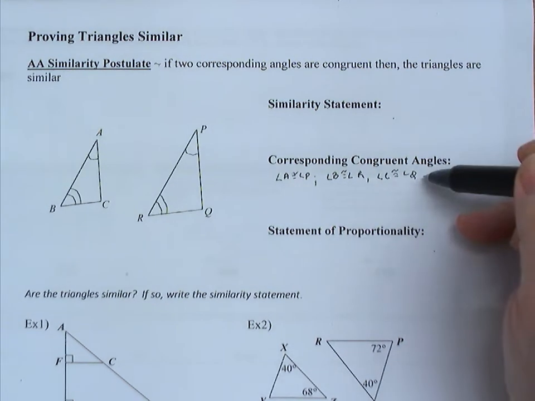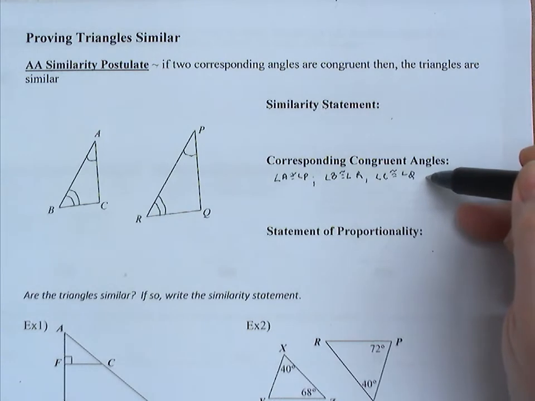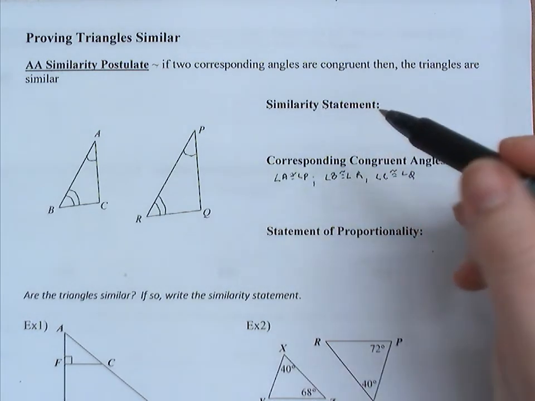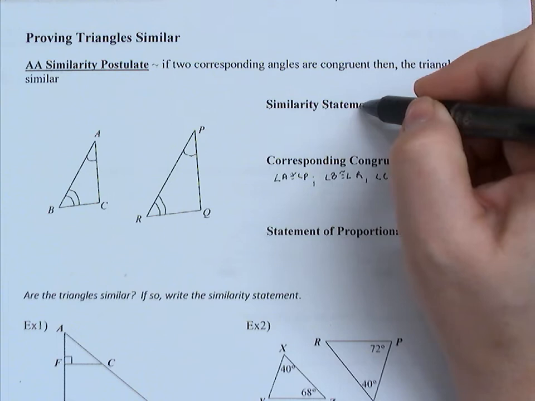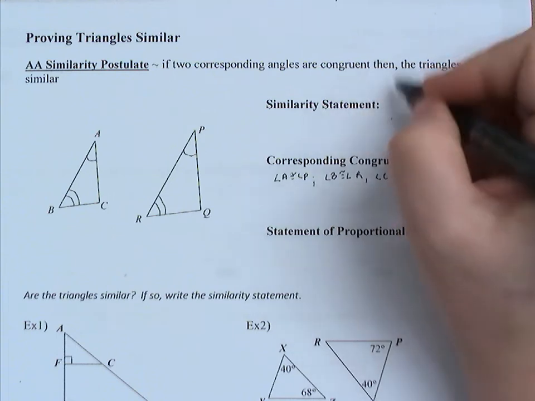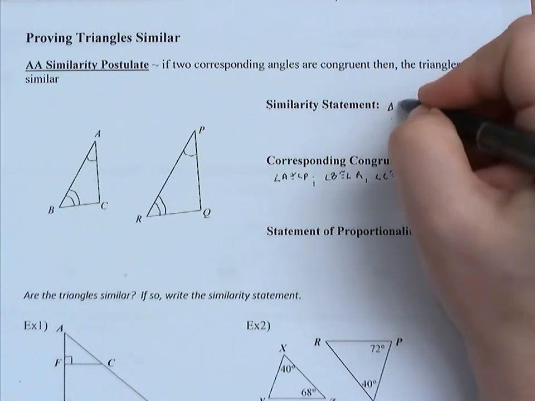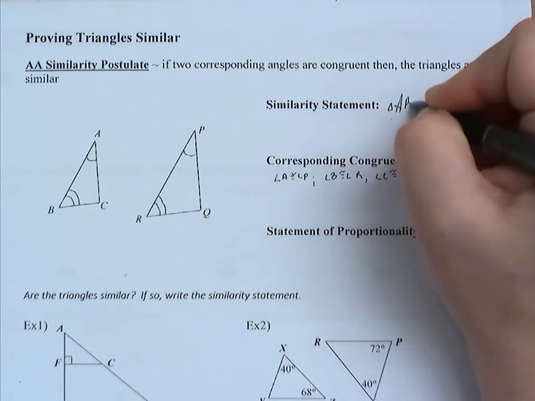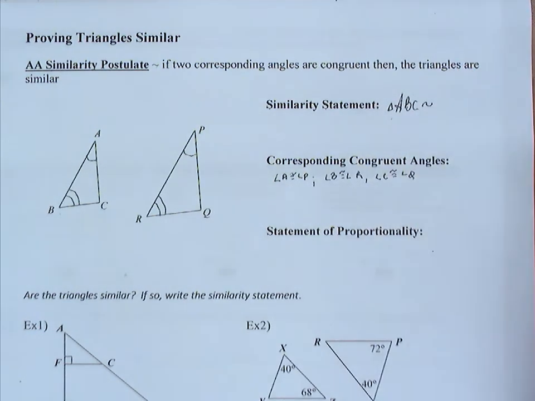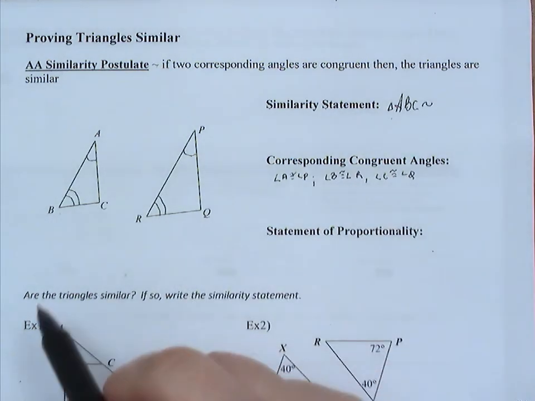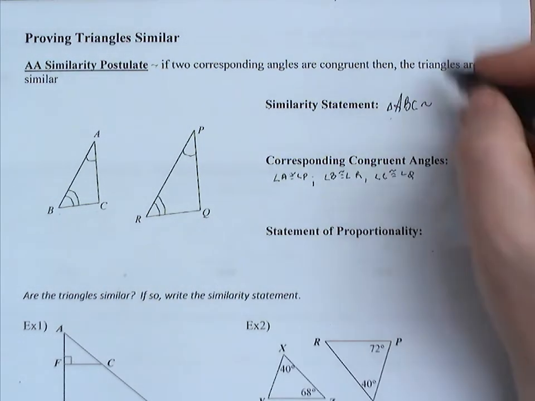So now I have the congruency, and my angles are corresponding, so I can make a similarity statement. So triangle ABC is similar, remember that's what that symbol means, to triangle PRQ.